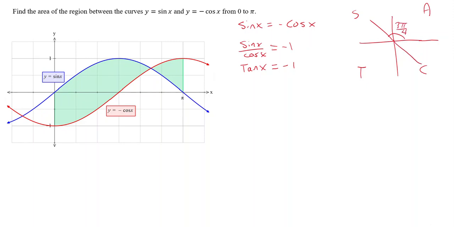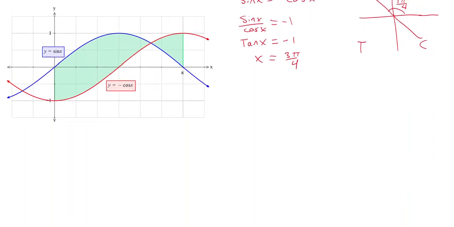It would also be the case down here, but I see that the angle I'm looking for is before pi, so it's not going to be that one. So it's going to be at 3 pi over 4. So it's when x is equal to 3 pi over 4. That's going to be our transition point.